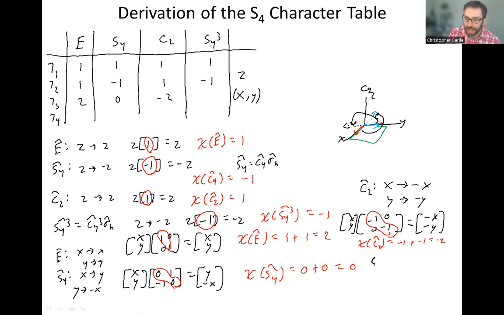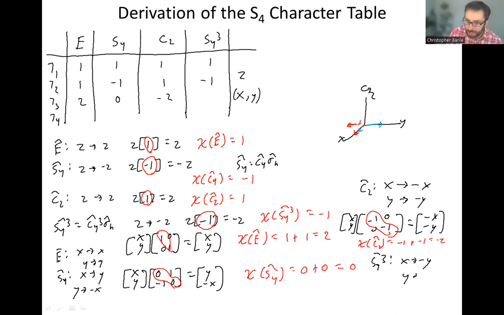Our last one here is the S4 3 times operation. We know that's a C4 3, followed by sigma h. We already discussed how the sigma h doesn't do anything. And so if we think about what a 270-degree rotation, the C4 3, does to the x vector, it's going to spin it all the way around to negative y. Now the y vector is going to spin around to x.